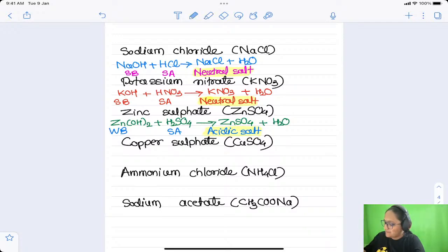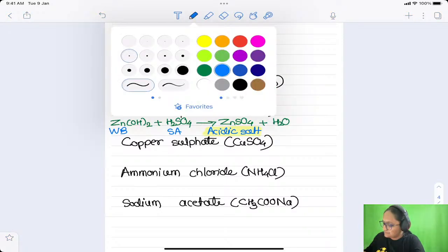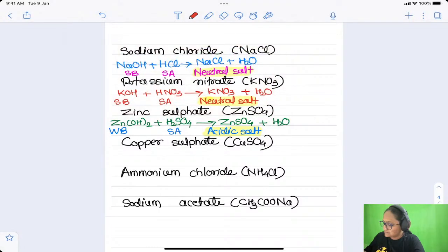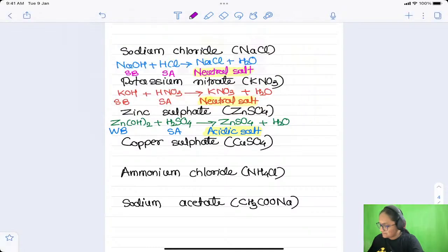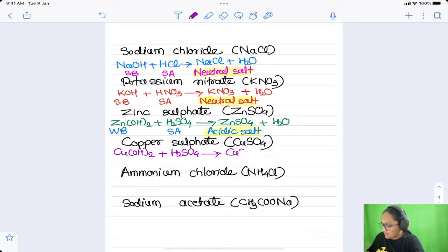The next example, copper sulfate. It is obtained also from Cu(OH)2, copper hydroxide, plus H2SO4. Here also we are getting CuSO4 and water.